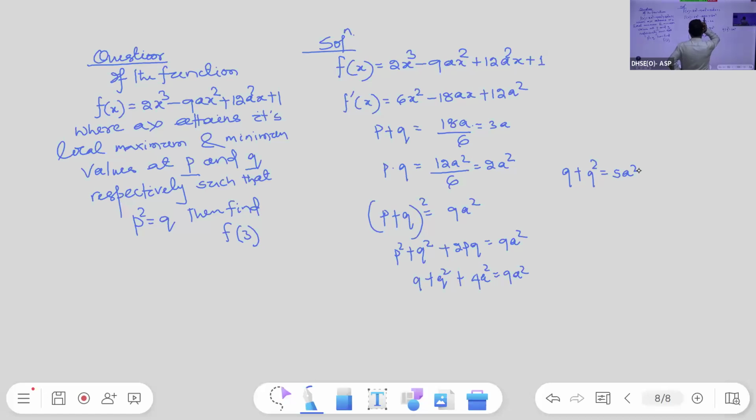So P plus Q whole square is 9a square. Then how to get the value of PQ? This calculation is not working. Just a minute.